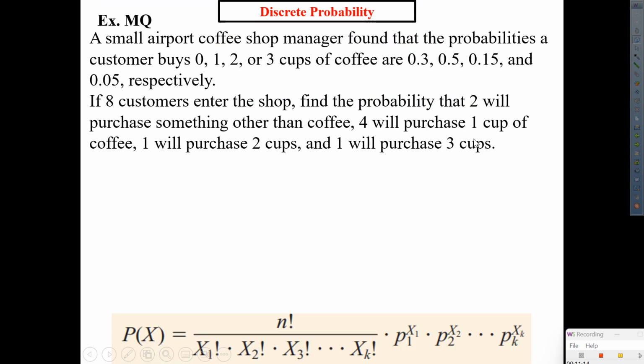Example omega cube. It reads, a small airport coffee shop manager found that the probabilities a customer buys 0, 1, 2, or 3 cups of coffee are 0.3, 0.5, 0.15, and 0.05 respectively. Can you remember what respectively means, please?